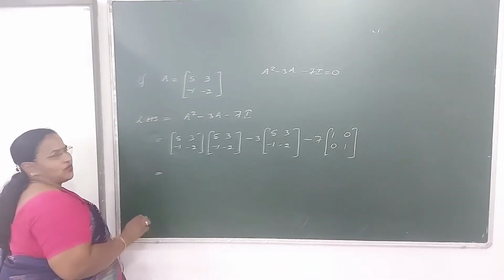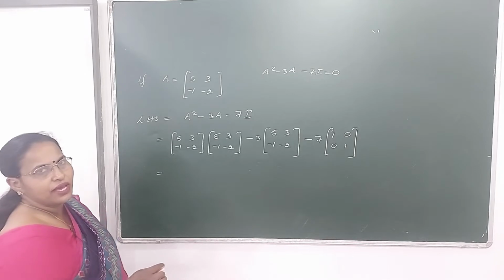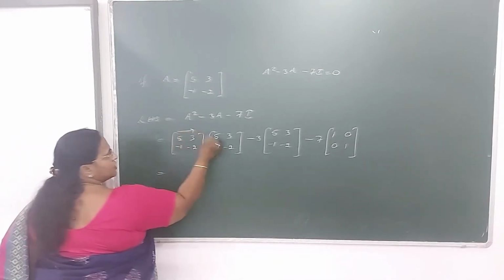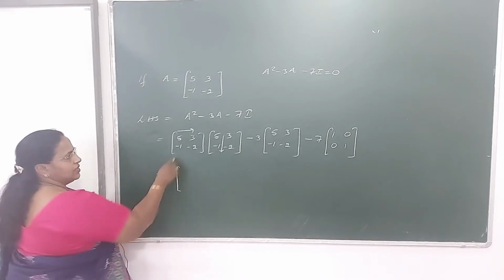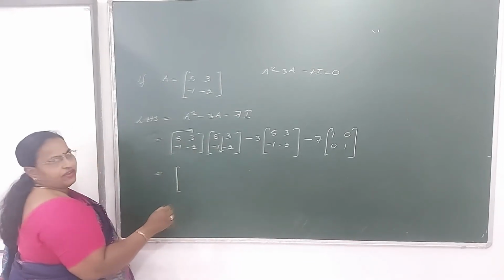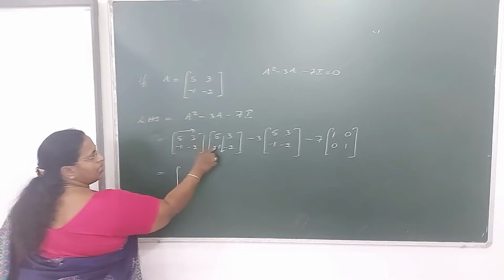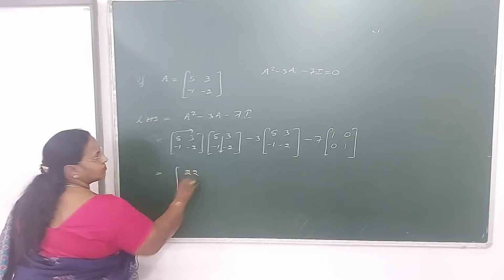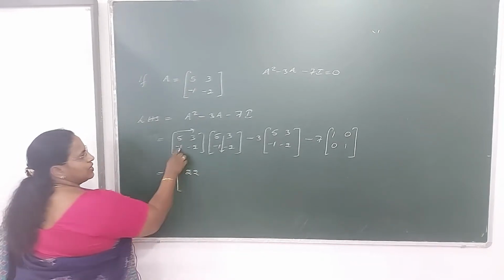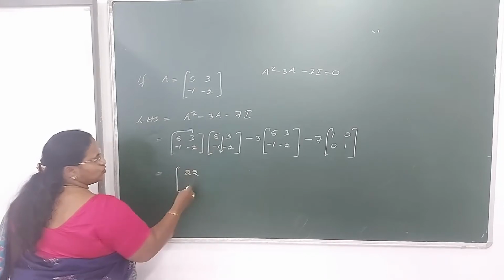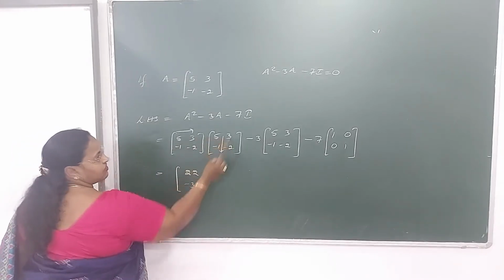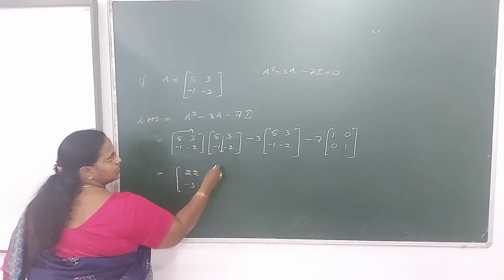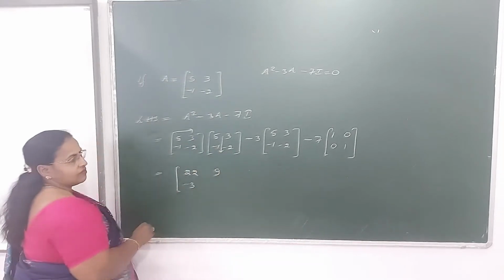Now see the very first one, it's A square, multiplying the two matrices. So let us do the multiplication. The procedure you already know. So it's 5 into 5, 25, minus 3, it's 22. Moving to the next row, this is minus 5 plus 2, it's minus 3. The next column, 5 into 3 is 15, 15 minus 6 is 9.